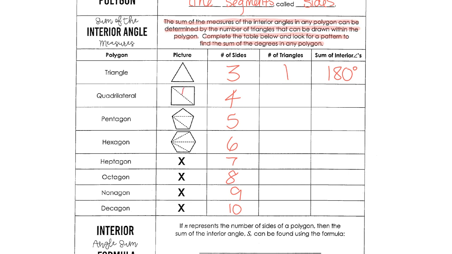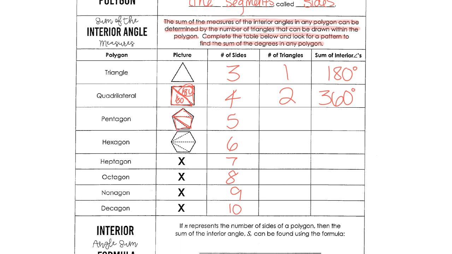Okay, so again, if you just focus on one triangle at a time, the sum of those angles is 180. And the sum of these down here is also 180 because we have 2 triangles. So we have created 2 triangles. What we can do is take 180 times 2, and we get 360 degrees. For a pentagon, we now have 3 triangles.